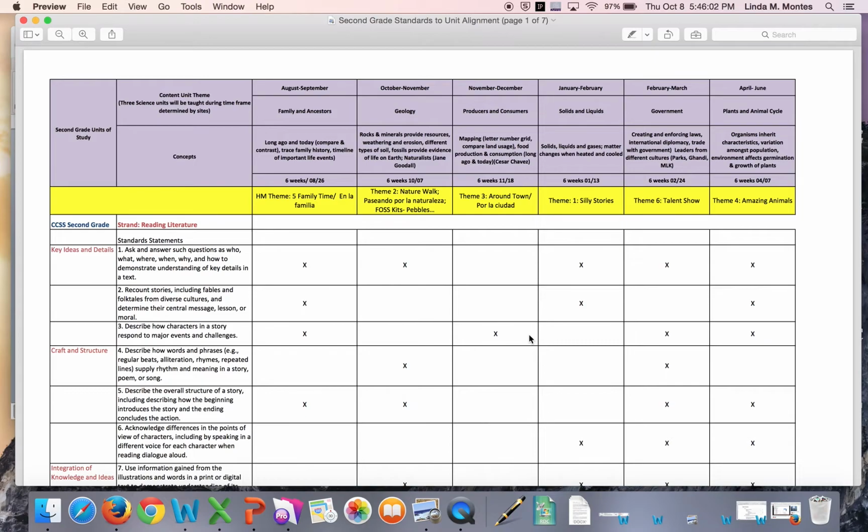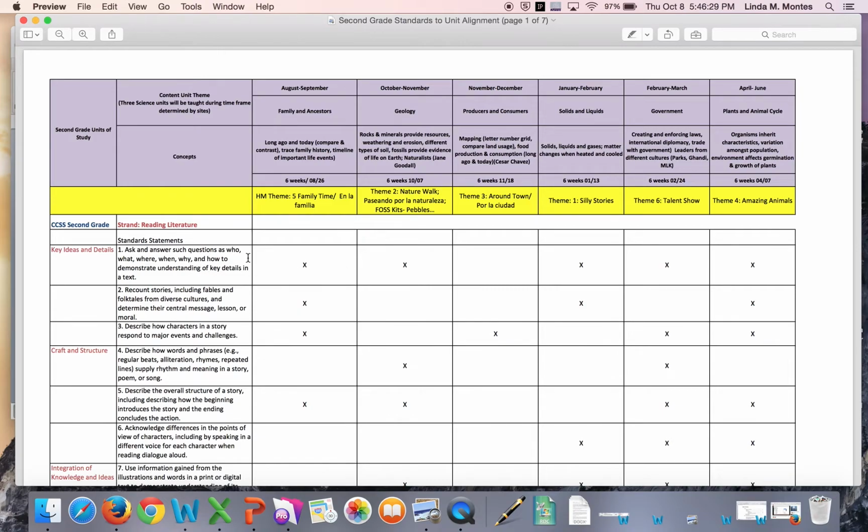So here's an example of a second grade scope and sequence, and an alignment to the standards for these units of study. So for example, if you're teaching second grade in August, September, you taught families and ancestors. And on this document, it clearly shows and indicates which standards are addressed during that families and ancestors unit. And then pretty soon you're starting the geology unit.